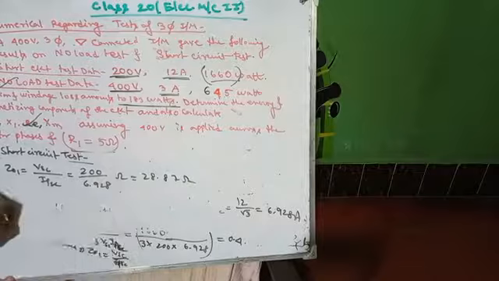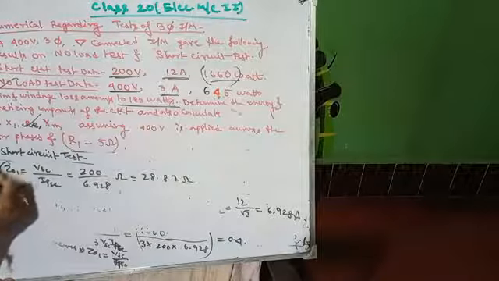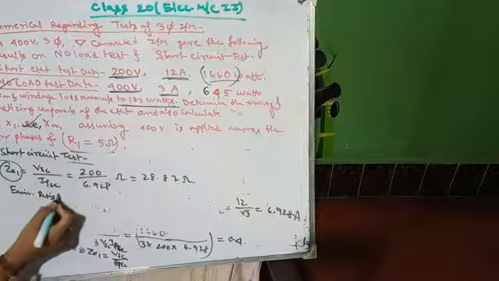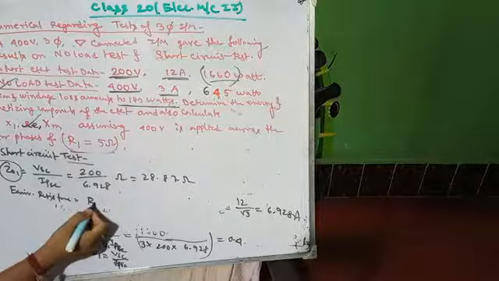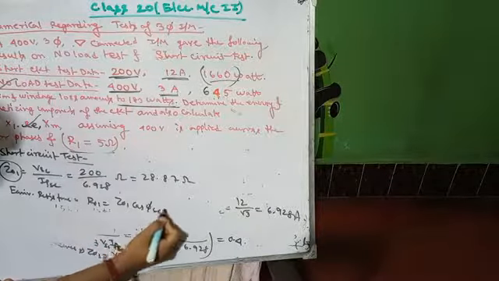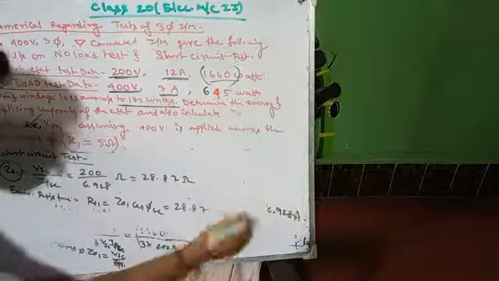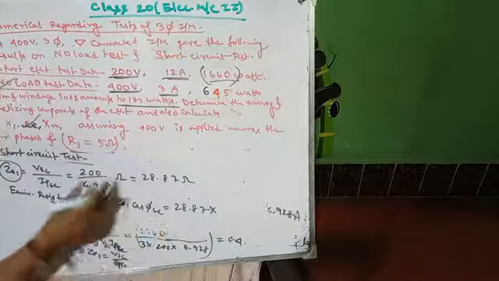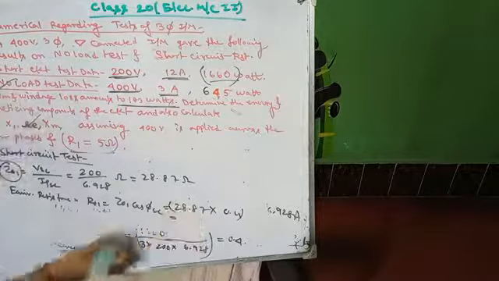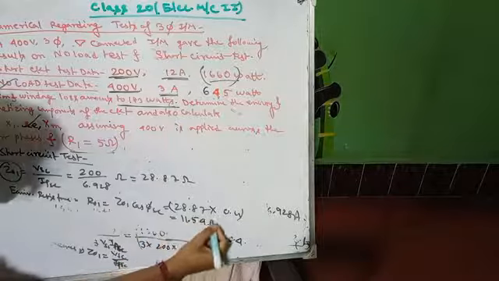Now third one, equivalent resistance R_01, which will be equal to Z_01 cos phi_SC. Z_01 equals 28.87 multiplied by cos phi_SC equals 0.4, so your answer will be 11.54 ohm.